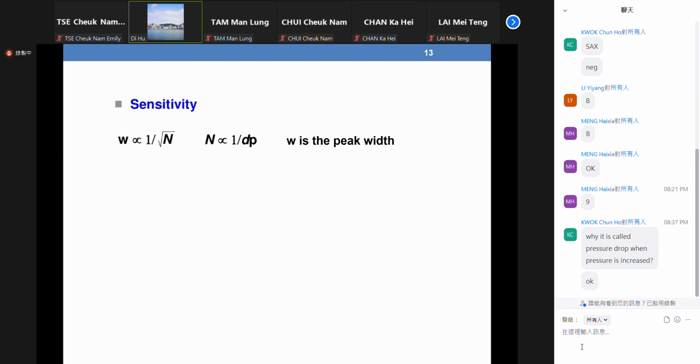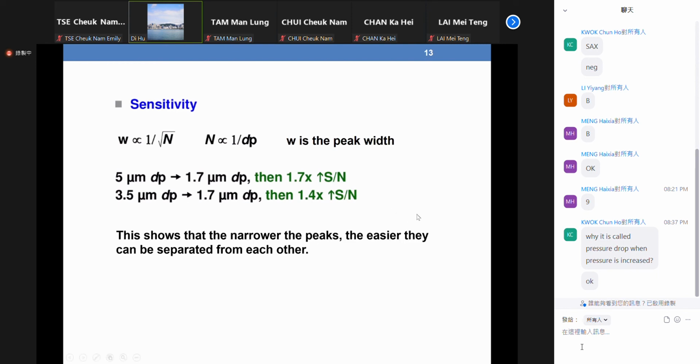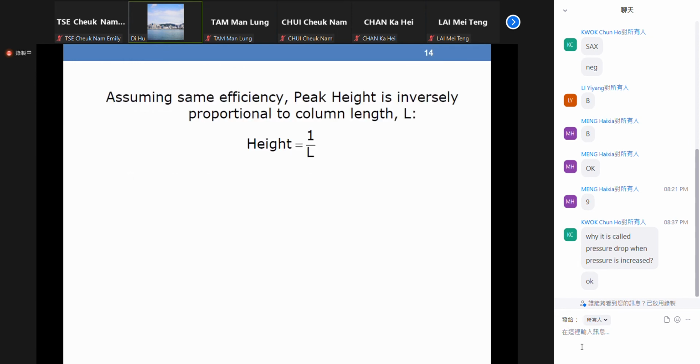And this is how we calculate the sensitivity. We keep L the same, constant. Sensitivity is related to that, because the narrower the peak, the easier they can be separated from each other. However, if you assume the same efficiency, that means n the same, the peak height is inversely proportional to the length.